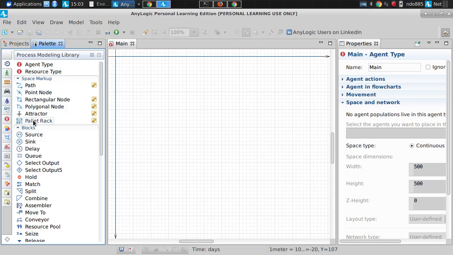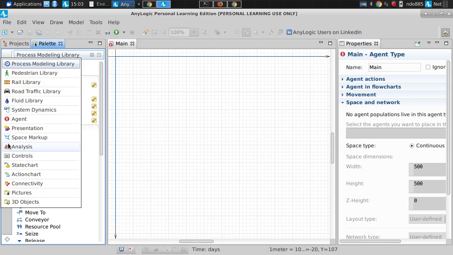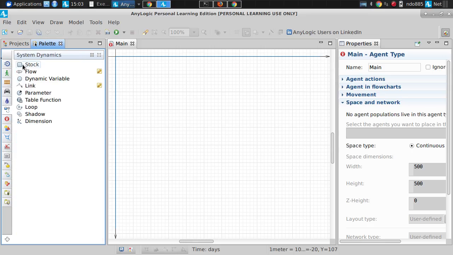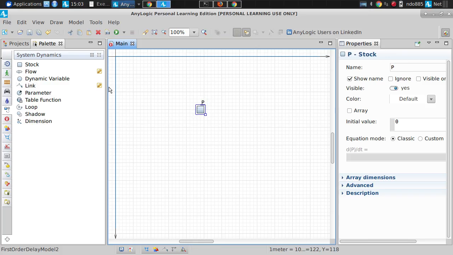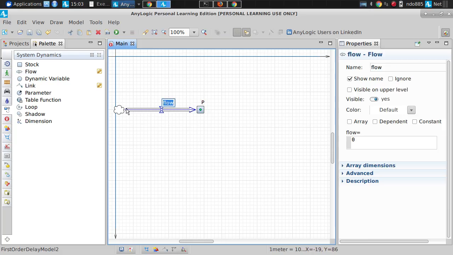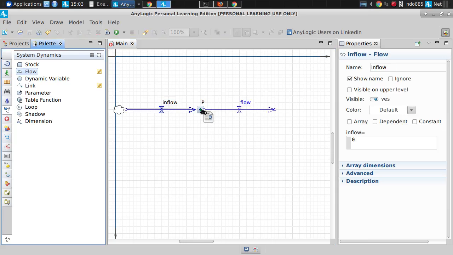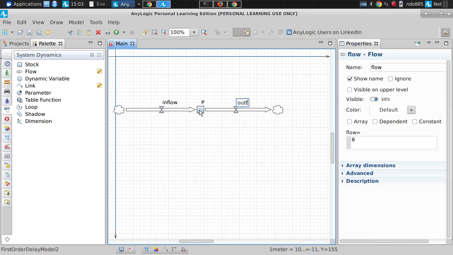Okay. So let's go build this again. We built it last time, but we will build it again to rehearse our skills. Okay, so here's our P. Boom. And we're going to drag in an inflow, ingloriously named inflow, and an outflow called outflow.